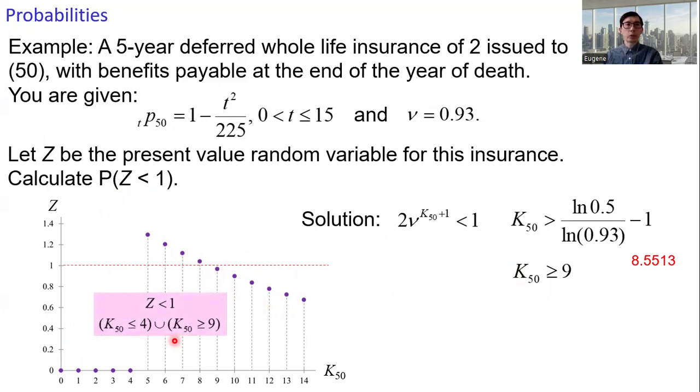So we need to add up the probability that K50 is less than or equal to 4, and the probability that K50 is greater than or equal to 9. K50 less than or equal to 4 corresponds to 5q50. And the probability that K50 is greater than or equal to 9 corresponds to the actuarial notation 9p50.